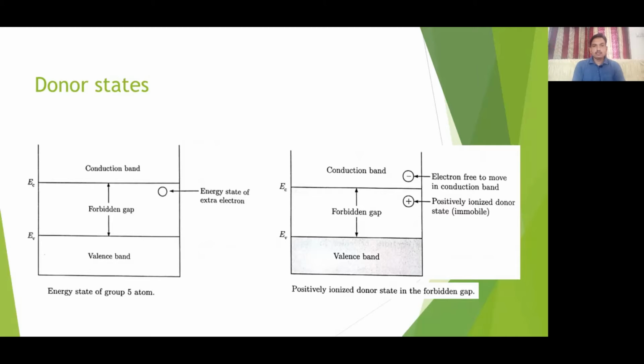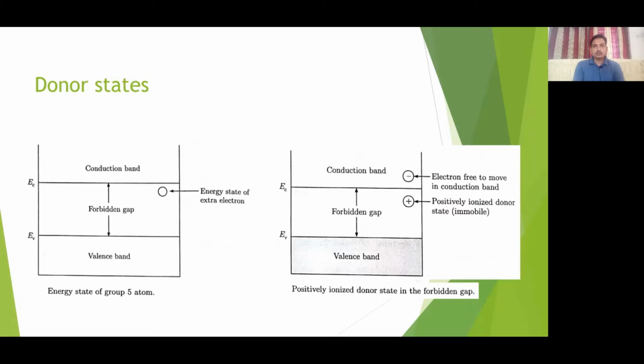So we know that if you have a group 5 atom added as impurity to silicon or germanium, 4 of its electrons form covalent bond with the germanium atom or the silicon atom or whatever semiconductor we are using. And we know that one of its electrons, because it has 5 electrons in its outermost shell, remains unpaired.